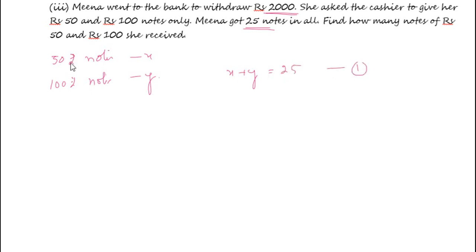Now she received totally 2000 rupees, in terms of 50 rupee notes and 100 rupee notes. So she got x number of 50 rupees notes. So the money she got in 50 rupees notes is 50 into x, plus the money she got in 100 rupee notes is 100 into y.